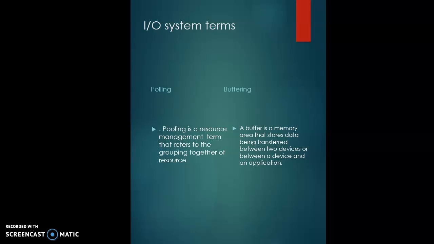In other words, a buffer temporarily stores data transmitted from one place to another, either between two devices or an application, and this act of storing data temporarily in the buffer is called buffering.